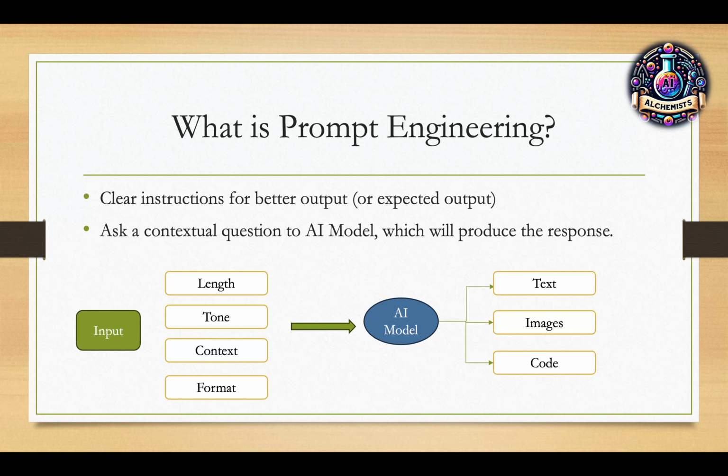You set a context, the points that you want to be dealing with. And then the format: what kind of format do you want? Official or casual? All of that can be taken care of. This goes into the AI model as an instruction, and the AI model can produce either an image, a code, or a text. I'm gonna explain all these things, how you can get that out of AI.